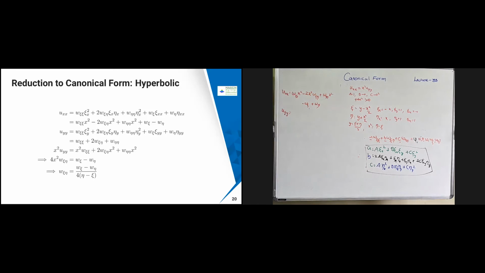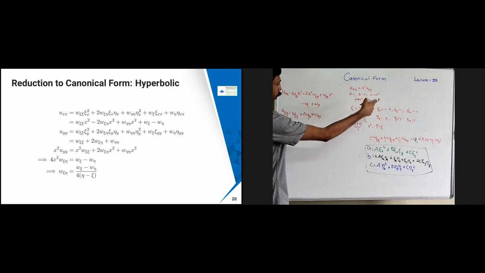So uyy is going to become the same way. W chi into eta y is going to come. Eta y square is going to come. So we are going to get w chi plus 2 w chi eta. Okay, because w chi eta into eta y chi y will come. Both are the same one. So therefore you are going to get that. And w eta is going to come.